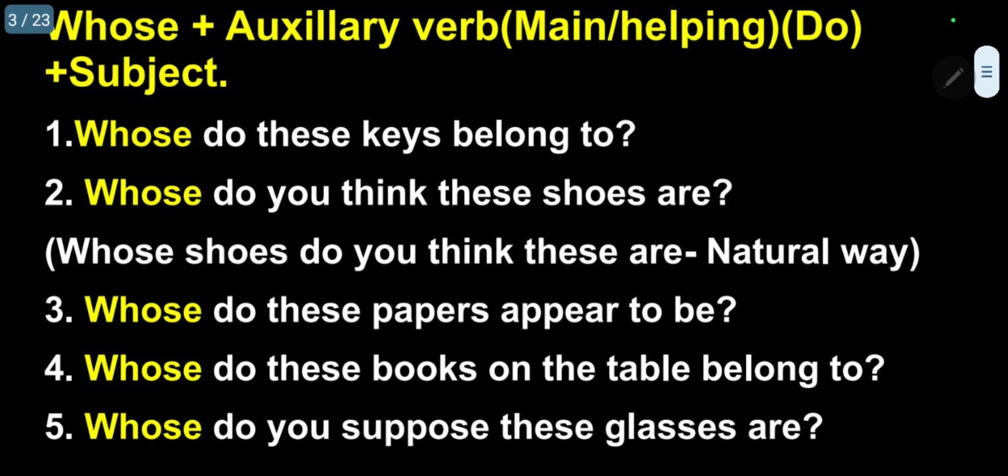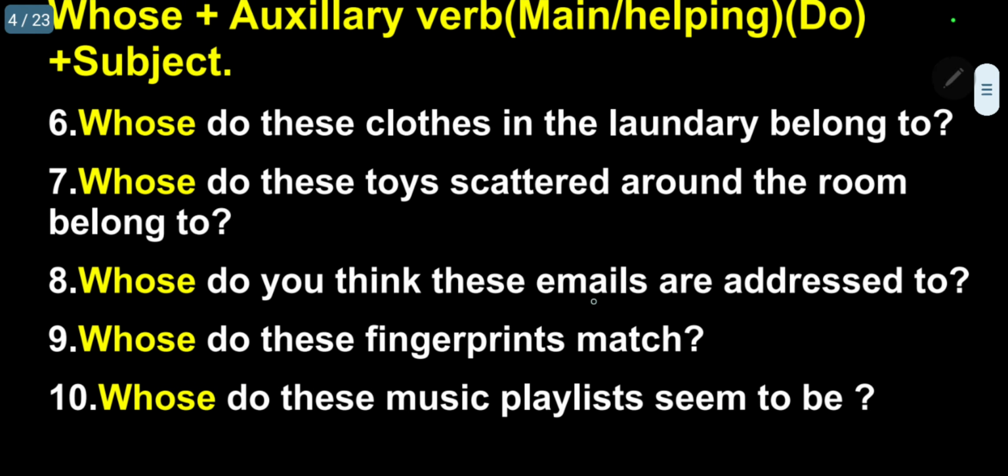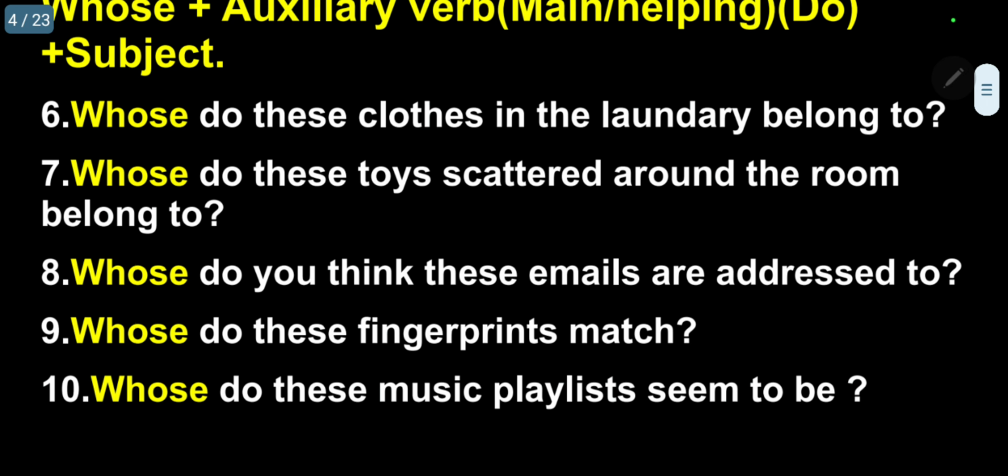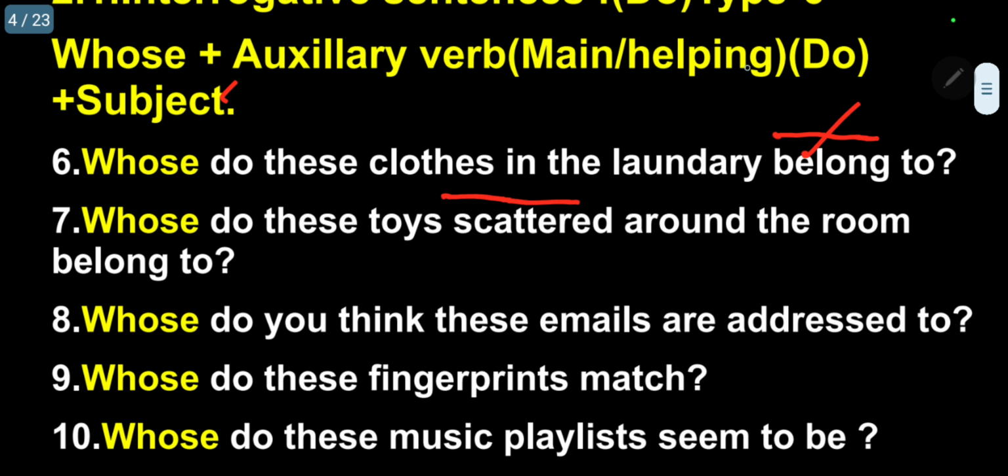The next one, five more sentences I will give under this do. Whose do these clothes in the laundry belong to? Belong is the main verb, do is the auxiliary. Whose do these toys scattered around the room belong to? Belong is the main verb and do is the auxiliary.